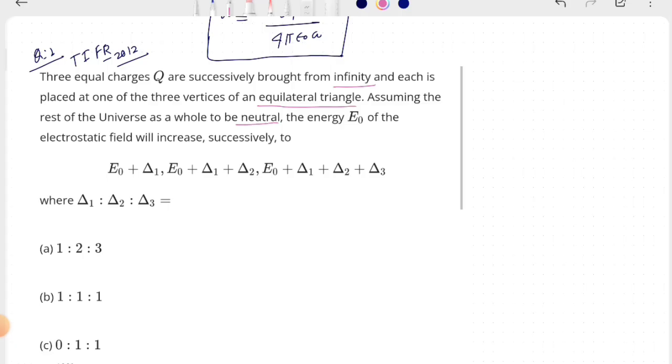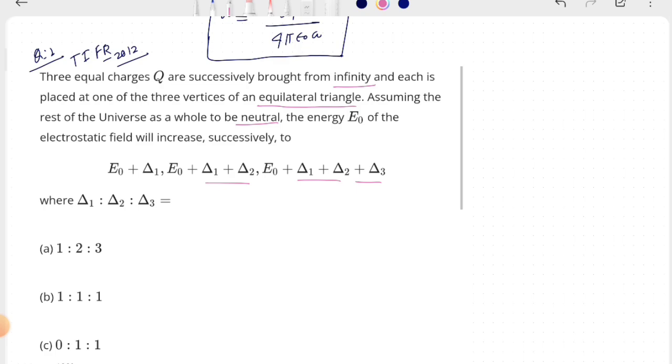The energy E0 of the electrostatic field will increase successively. Yes, that is obvious. That is E0 plus delta 1, E0 plus delta 1 plus delta 2, and E0 plus delta 1 plus delta 2 plus delta 3.